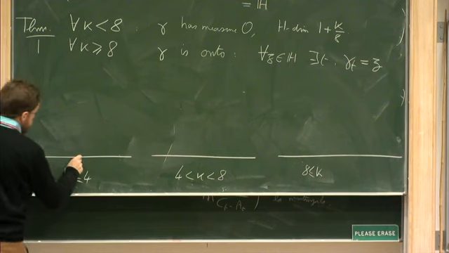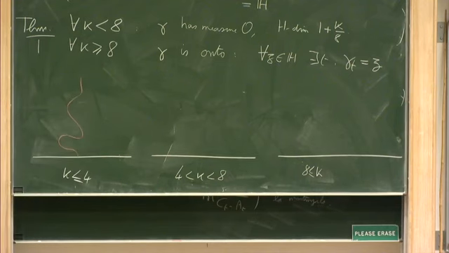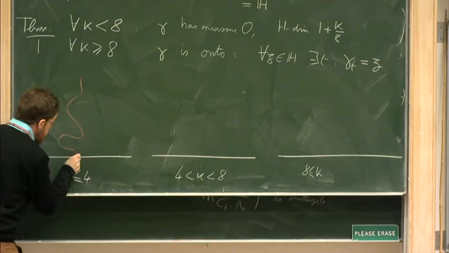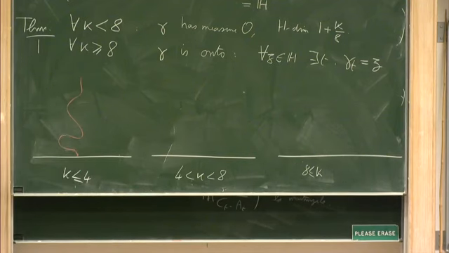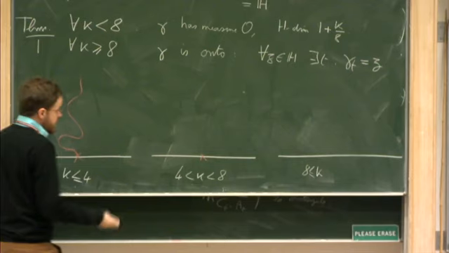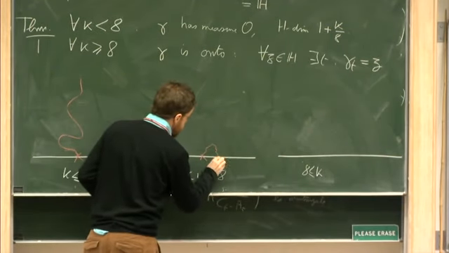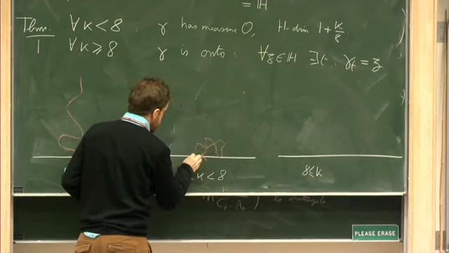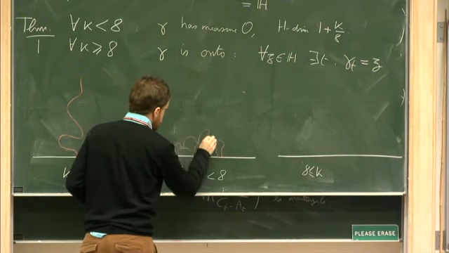And what you see is that here you see a simple curve. It has no double point. It's really a Jordan curve. It's a little bit, well, it's fractal, but overall it's a nice topological curve. If kappa is between 4 and 8, this curve is still wiggly, but it touches itself and it touches the boundary.